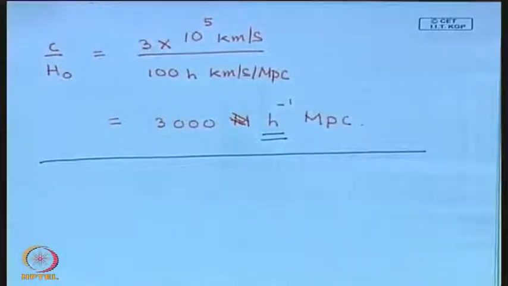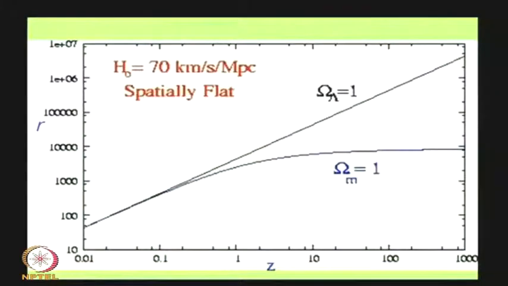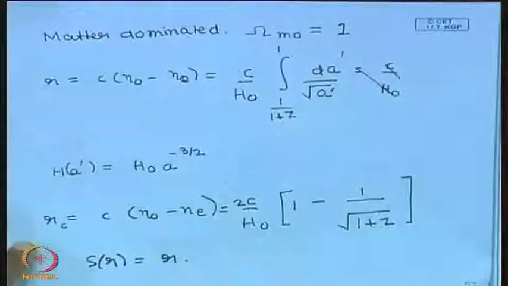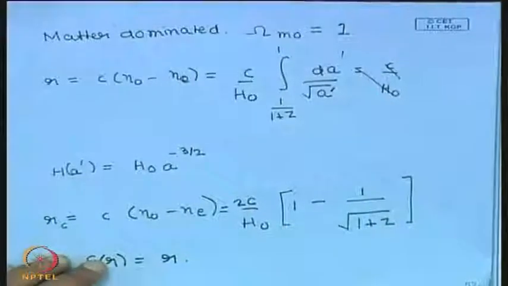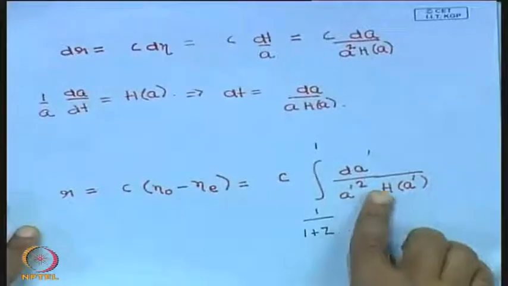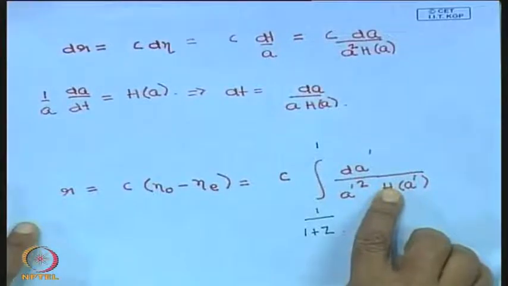Now, let us go back to this picture. Here I have drawn this function for you, where we have worked out the integral which allows us to calculate the comoving distance for the particular cosmological model where omega matter is 1.